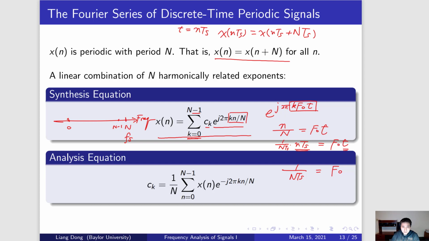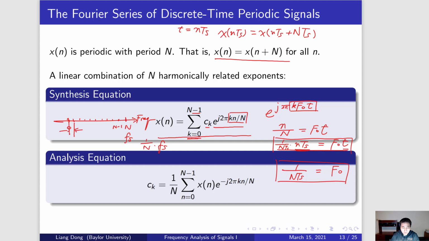If we understand that, then we can look at this relation, which we have, 1 over N Ts, which is 1 over N times fs. Now this part, fs over N, is my discretized frequency interval from here to here.